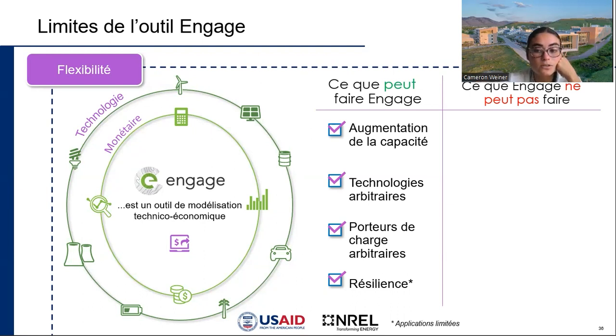It's also really helpful for modeling a wide range of technologies, from your traditional power sector assets to your more diverse energy systems and technologies. It's also good at modeling a wide range of carriers, so representing electricity, fuel, and other commodities. And then ultimately, it can also model resilience under some limited applications.